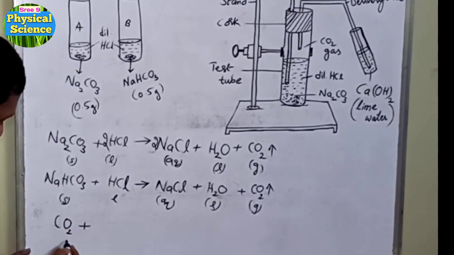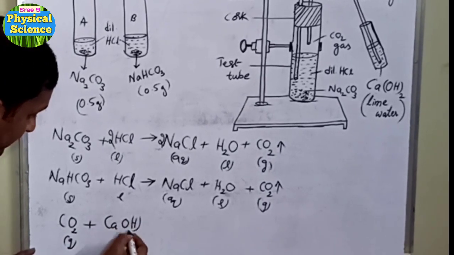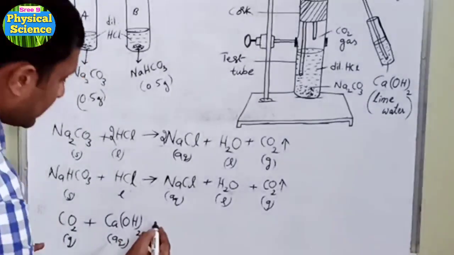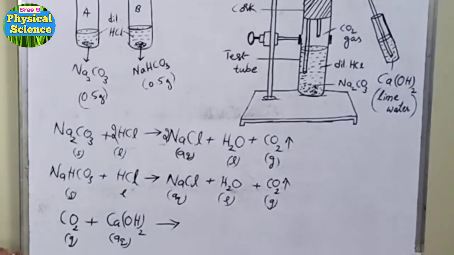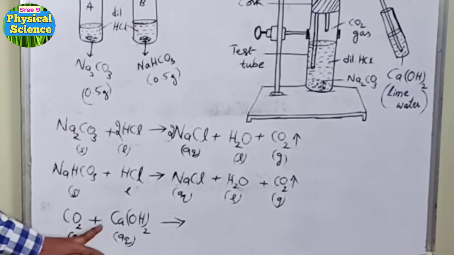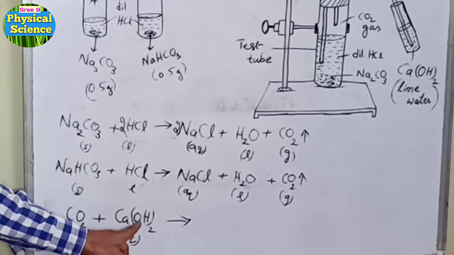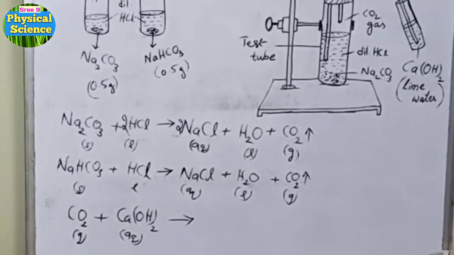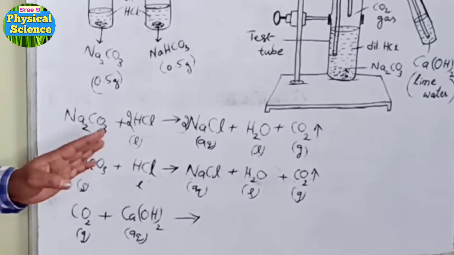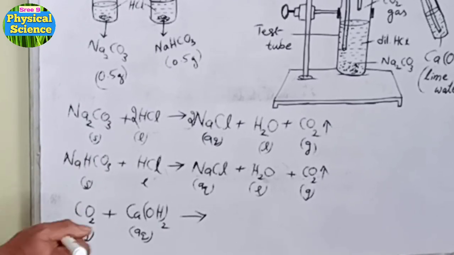CO2, which is gas, into where? Calcium hydroxide, which is aqueous solution. Now what happens here? Let us see. CO2 is here, calcium, OH twice. It means that in H2O, two H's, two O's are there. So here we know that white precipitate forms. That white precipitate is calcium carbonate.